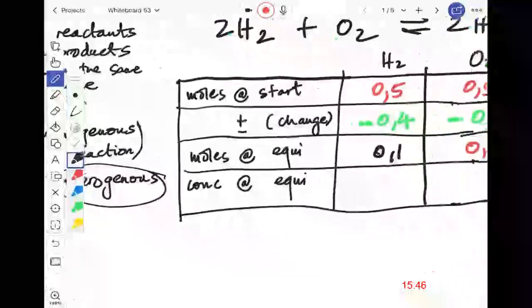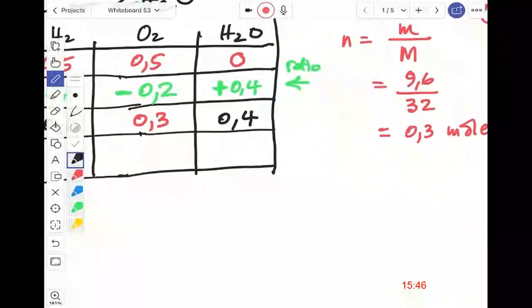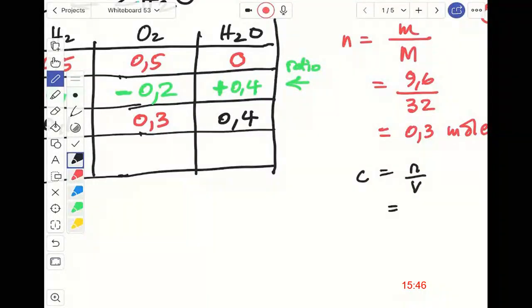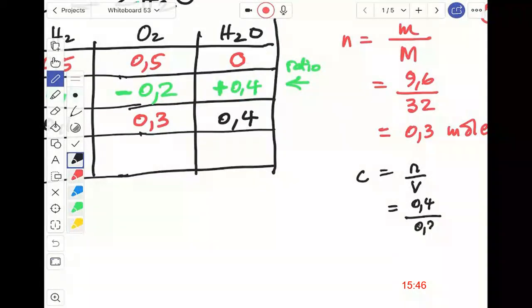And since concentration is moles over volume, if I start with the water, I've got 0,4 moles, and 200 centimeters cubed is 0,2 decimeters cubed, so I have 2 moles per decimeter cubed. So the concentration of water is 2 moles per decimeter cubed.